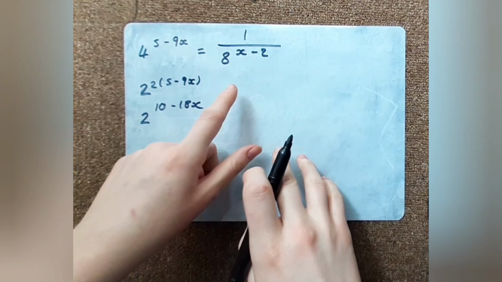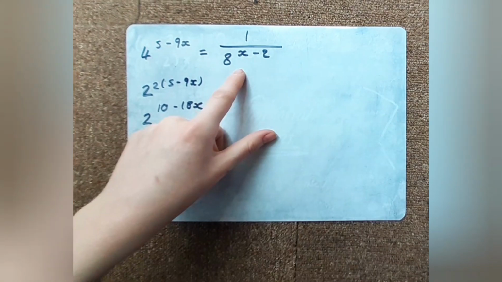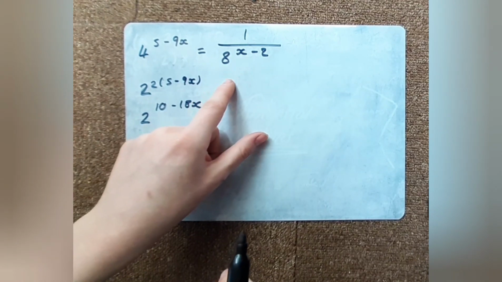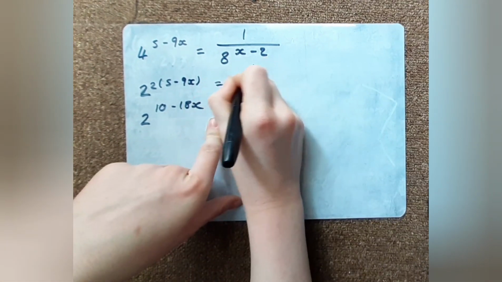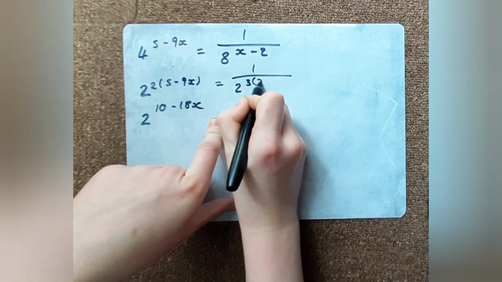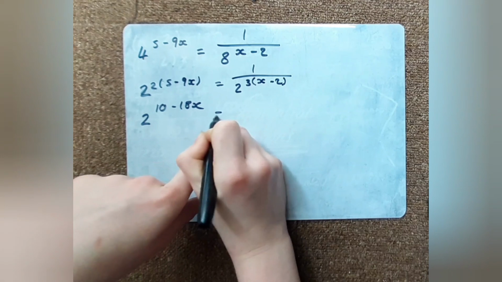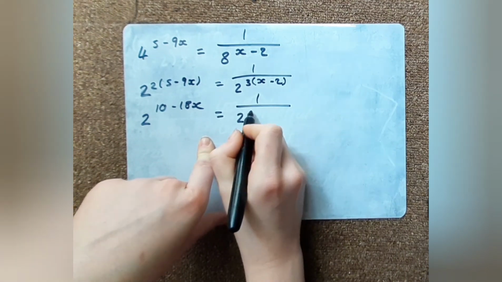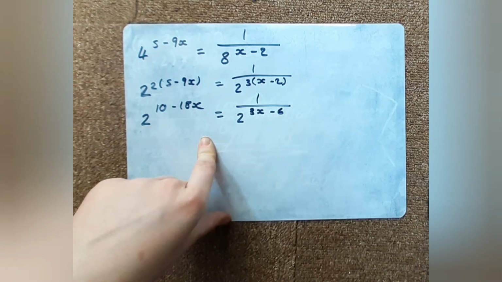And similarly with the denominator of this fraction here, on this side of the equation, we know that 2 cubed is equal to 8, so we can say 1 over 2 cubed, brackets x minus 2, which can then be expanded down here for 2 to the power of 3x minus 6.